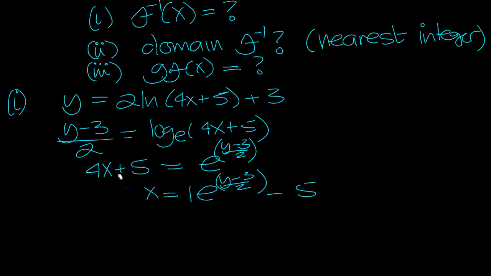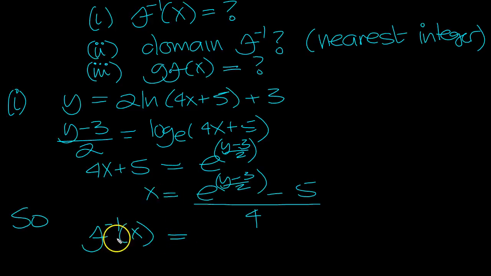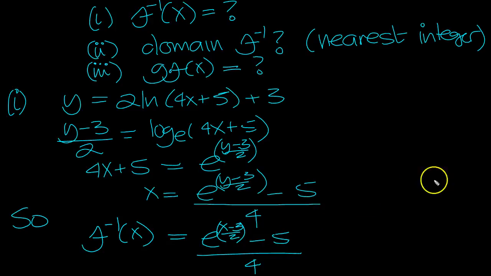So I'm going to get rid of this 4, move it down at the same time, save me writing a fresh line. So the inverse then, swap the symbols, and we get f minus 1 of x is equal to, the x becomes the y becomes the x, e to the (x minus 3 over 2) minus 5, all over 4. And that's the inverse function.